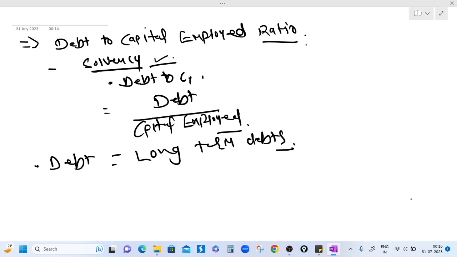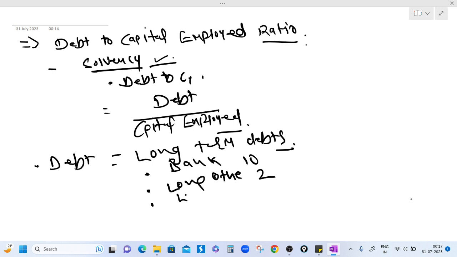When a practical question comes, you may get confused, because it could mention a long term bank loan of suppose 10 lakh, other long term loan of rupees 2 lakhs, or other long term provisions.